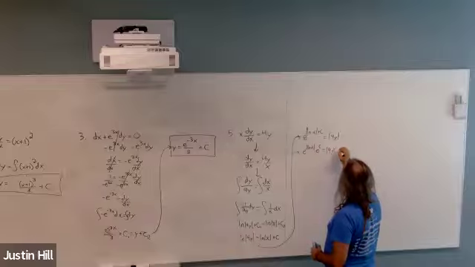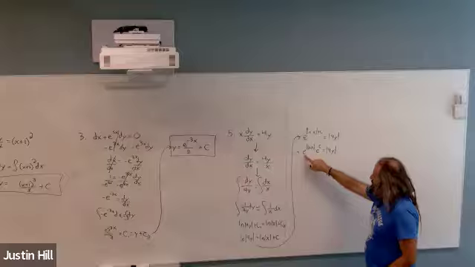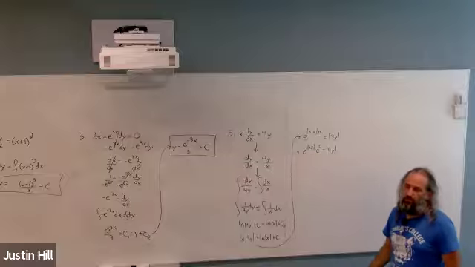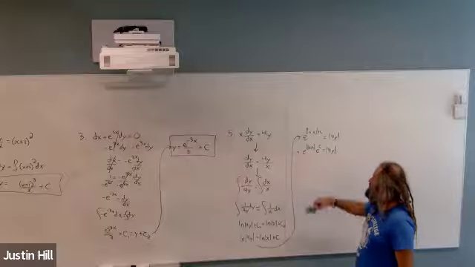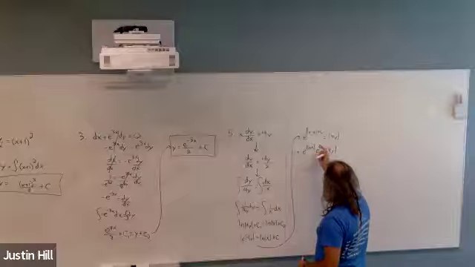It's the absolute value of 4y. Now I have e raised to a natural log. e and natural log have the same base, so they cancel.